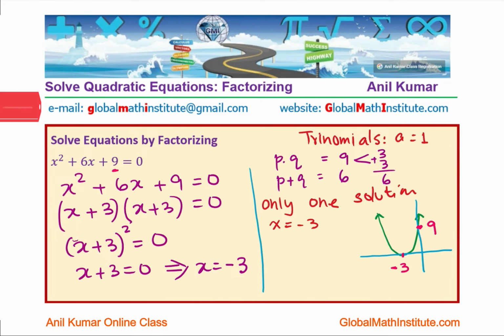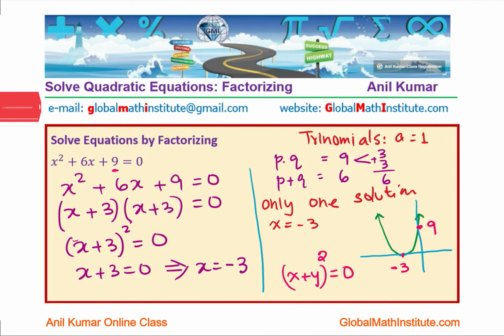Does it make sense to you? So this time we have a trinomial which has only one solution, and that happens if you have something which is a perfect square. That is to say, if you have something like x plus y whole square, right? So then the solution of x plus y whole square is that x equals minus y. Get the idea, right? That's the kind.